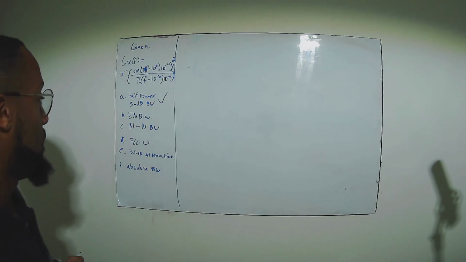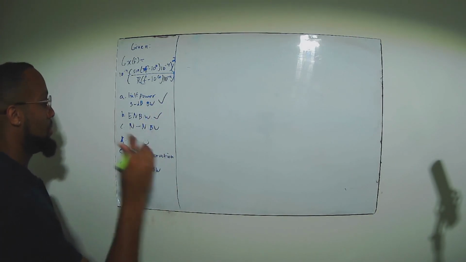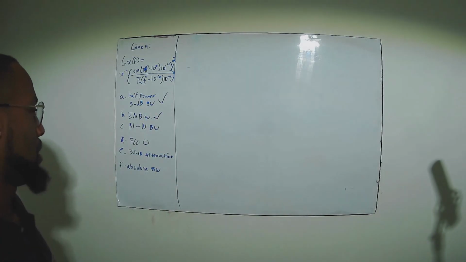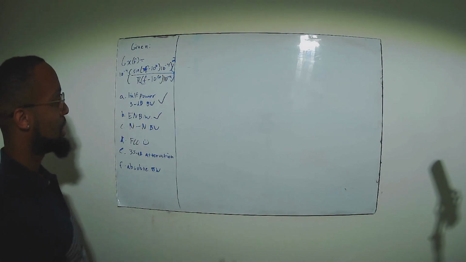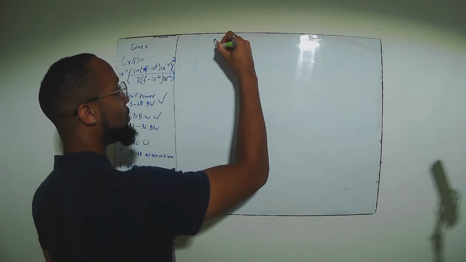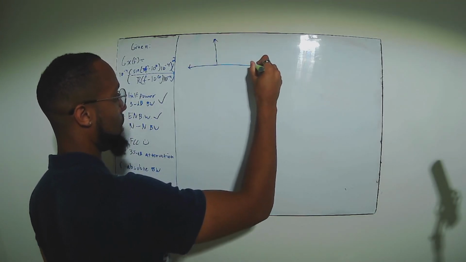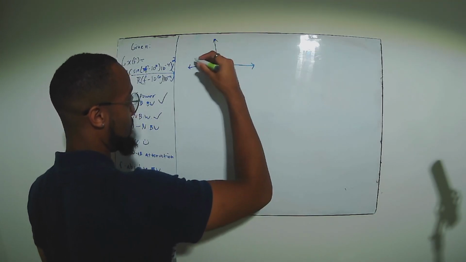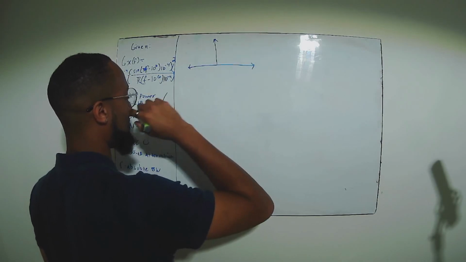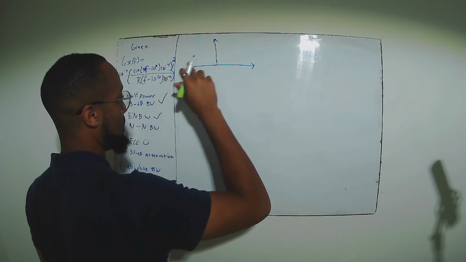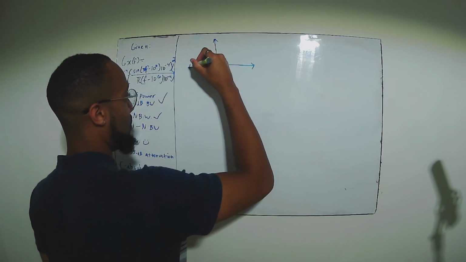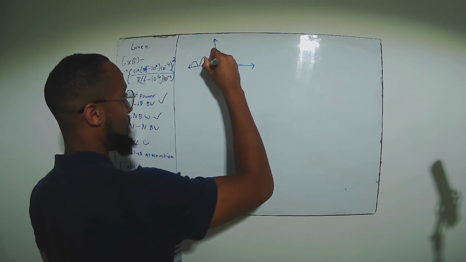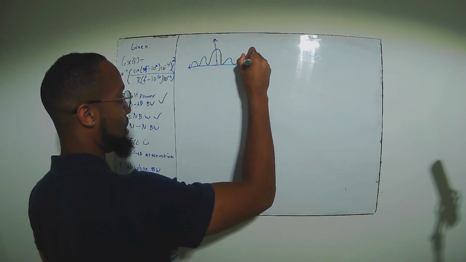Now let's solve the ENBW, right? The ENBW is the equivalent noise power rectangular bandwidth. Essentially, you have a filter, or here's a function, or a time signal. I don't know what it is, we can only represent it as a function. It doesn't matter.